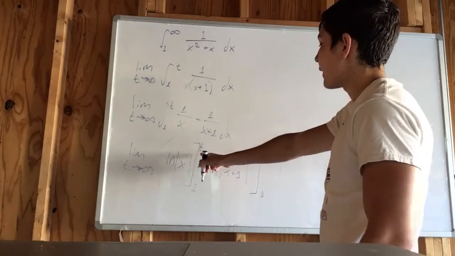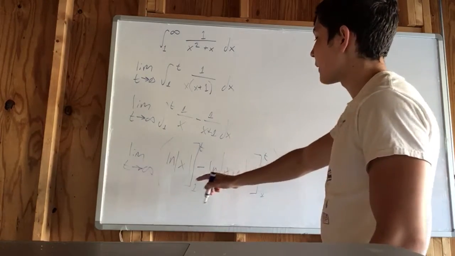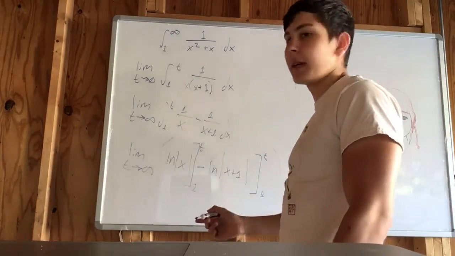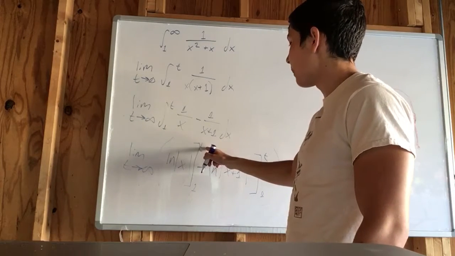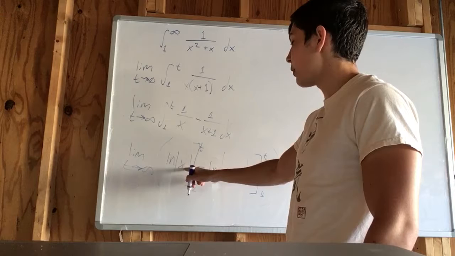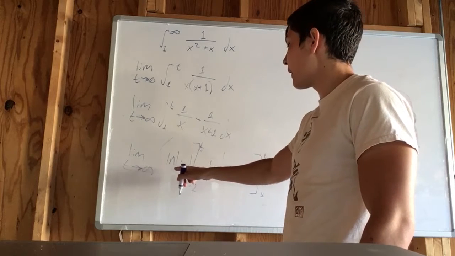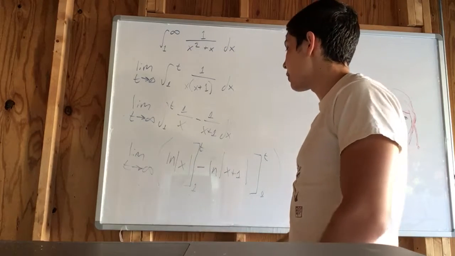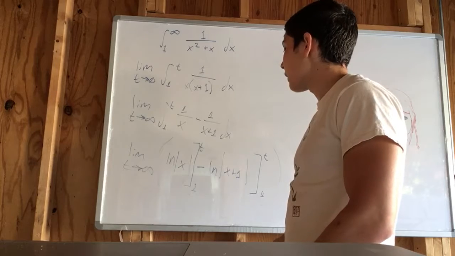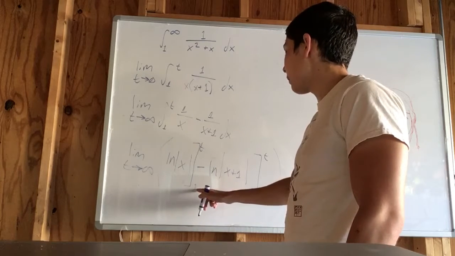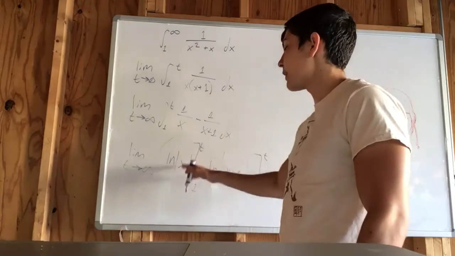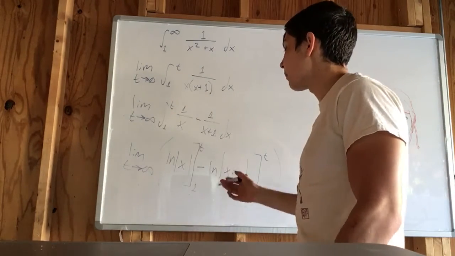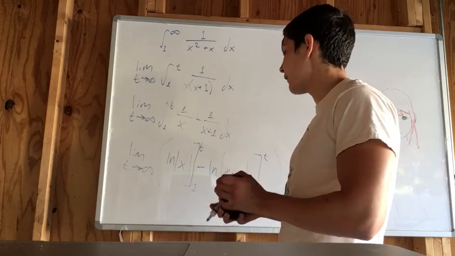What happens if we let the upper bound be t and t goes to infinity? Well, the natural log goes to infinity, and then we subtract from that letting x be 1, which makes it 0. Infinity minus 0 is just infinity.